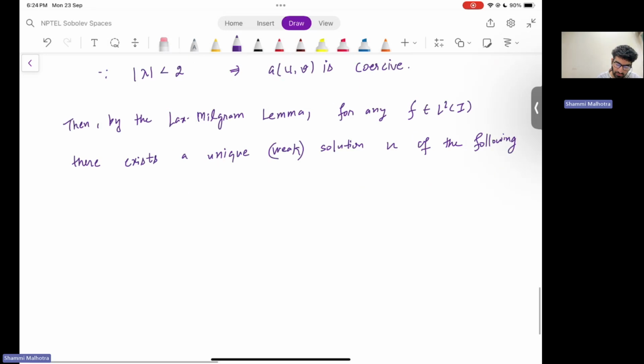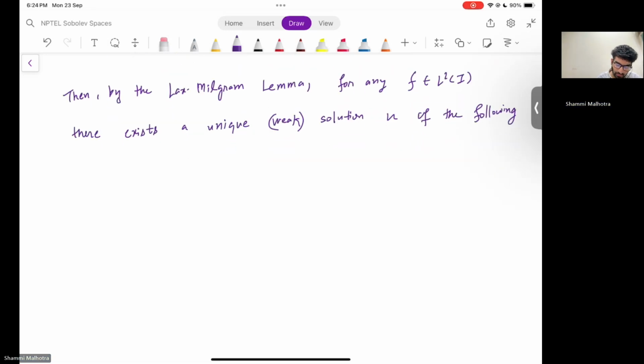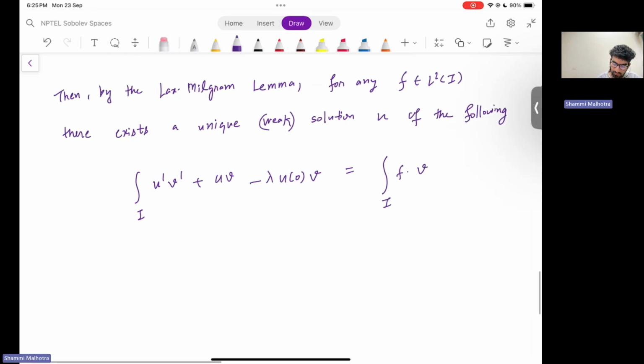What is this? This is nothing but the integral over I of u'v' plus uv minus lambda u0 v, and this is equal to the integral of f times v over I, and this holds for all v in H01(I), with I being the interval minus 1 to 1.